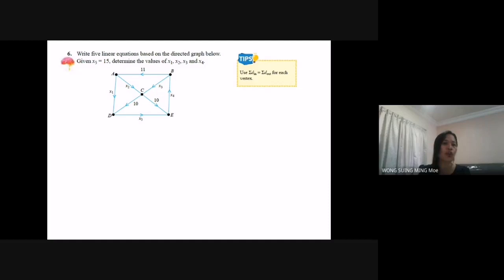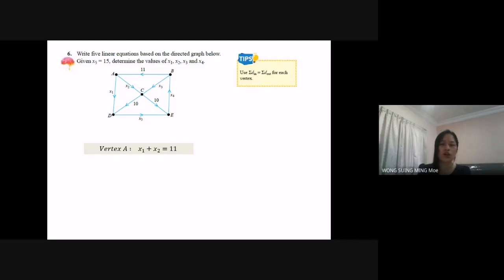So now we start with vertex A. Degree in. How many arrows go into A? Only one, right? 11 here. And 2 arrows go out, S1 and S2. So for vertex A, the linear equation we can write like this: S1 plus S2, the degree out, equal to 11, the degree in.